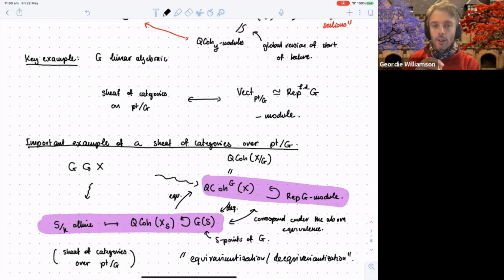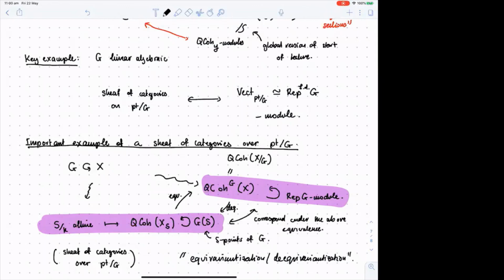And maybe it's confusing that I'm saying stacks in two different senses. You're defining a general sheaf of categories, and we're looking at sheaves of categories that are locally S-linear. Okay, thanks.